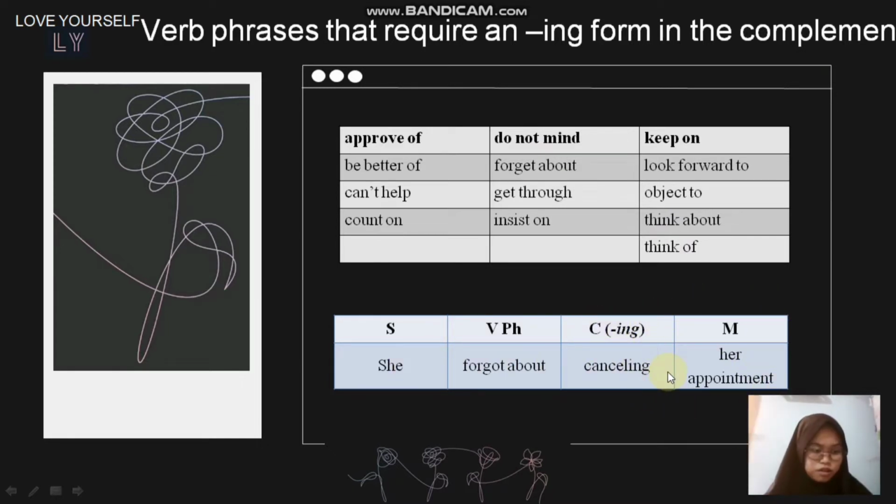So, avoid using an infinitive after the verb phrases listed. Like, she forgot about to cancel her appointment. This is an incorrect sentence. The correct one is she forgot about cancelling, with ing, her appointment, after the verb phrase forgot about in the list.